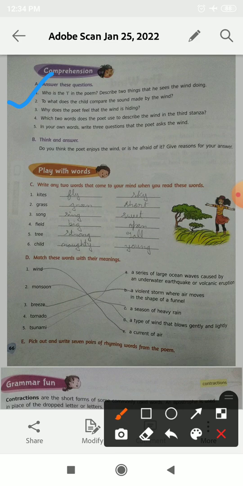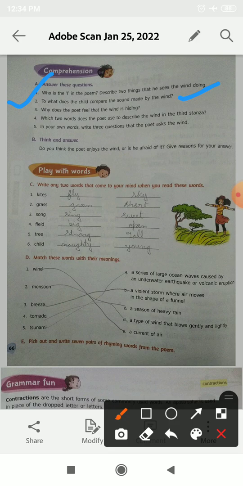Once again listen carefully. The answer of this question is: the child compared the sound to a loud song made by the wind. Once again listen carefully. The child compared the sound to a loud song made by the wind.